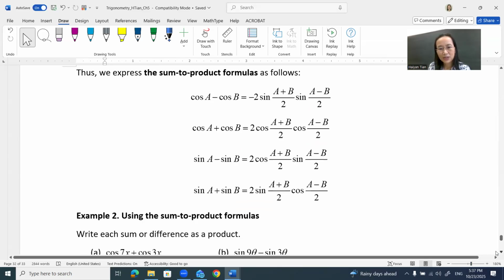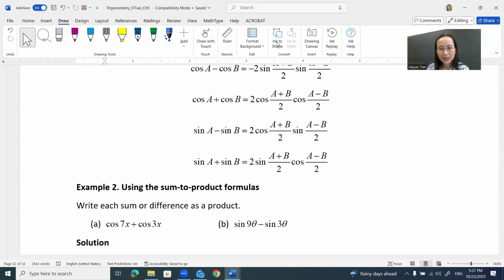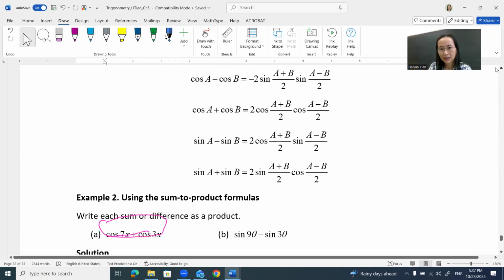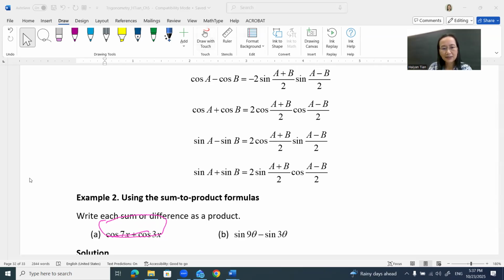And let's use it once. Suppose we have a problem, cosine 7x plus cosine 3x, you have a sum. Can we write it into a product? So check these 4 formulas. Can any one formula be applied? You see the sum of 2 cosines, cosine plus another cosine, so the second formula should work.